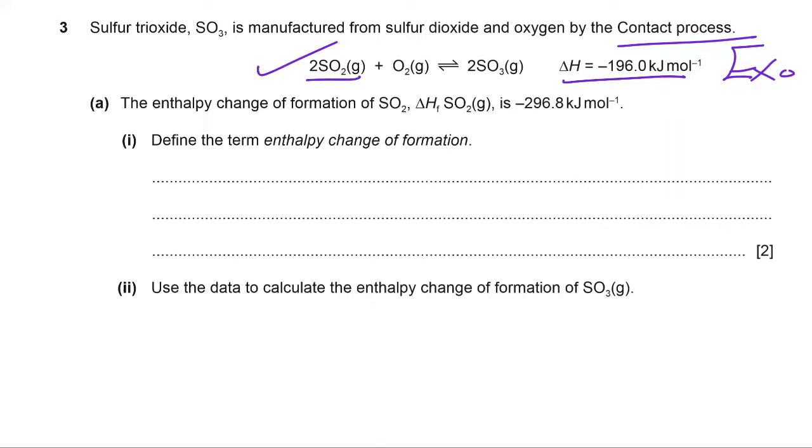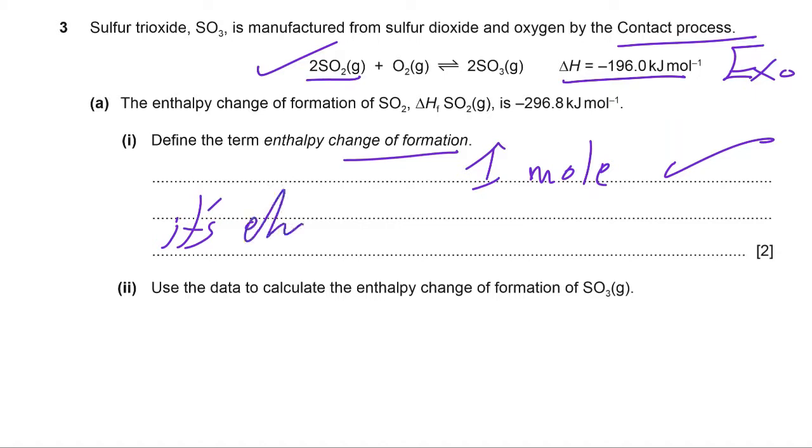Enthalpy change of formation: the amount of energy, because it's formation, that means the amount of energy which is produced to form 1 mole of the product, the compound, from its elements, at gaseous state.